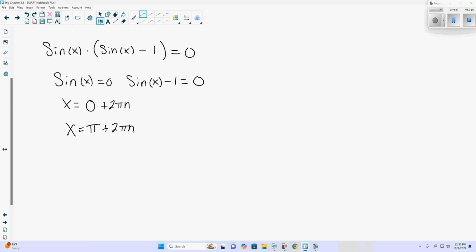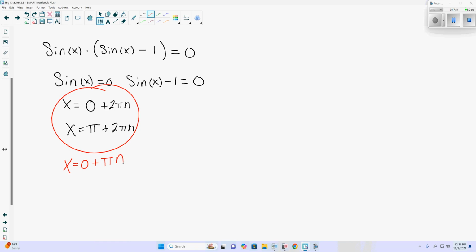Now, I've done it a few times, and we've said that there are certain ways we can condense and merge, yes? When you're looking at the unit circle, and we have two of these values, if they are completely opposite, they end up making a straight line on the unit circle, so we can condense them. Well, 0 and pi make a straight line, just the x-axis, yes? So we can combine these two here and just say x is equal to 0 plus pi n.